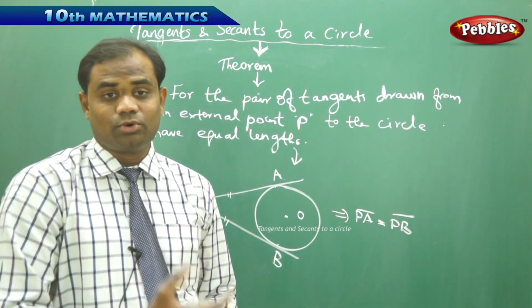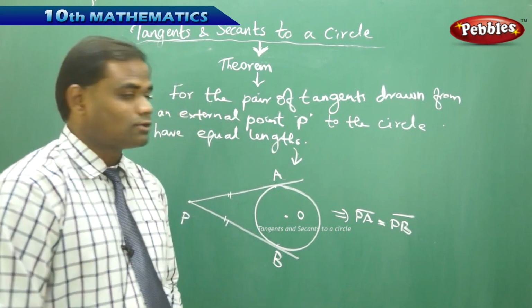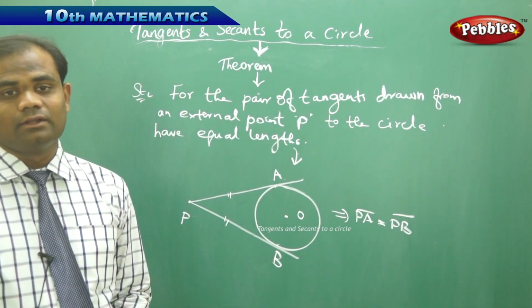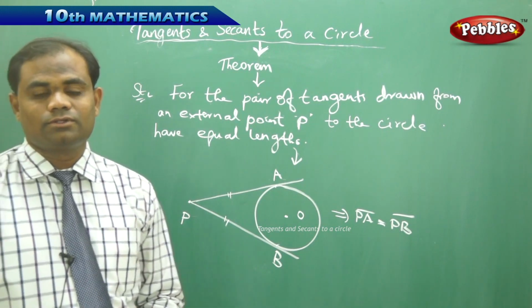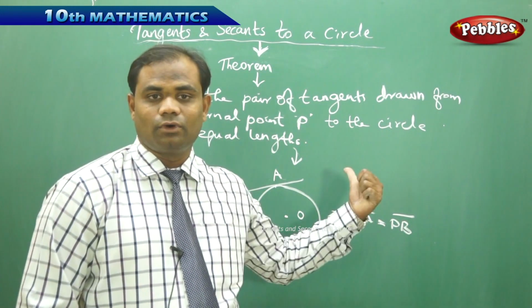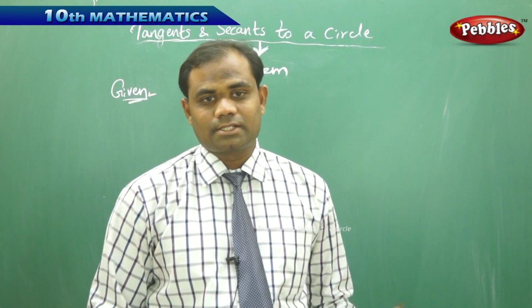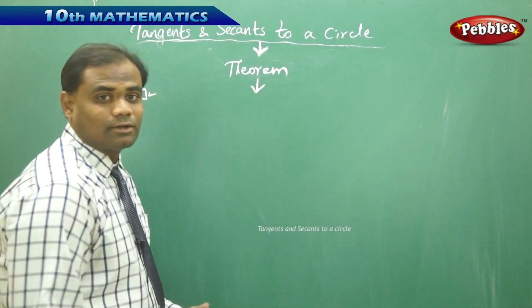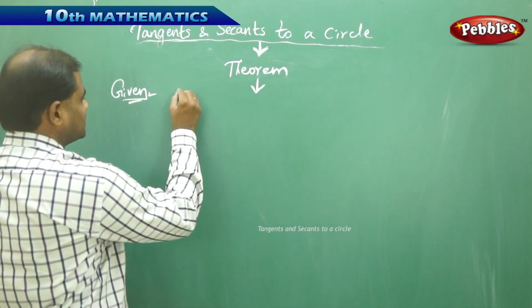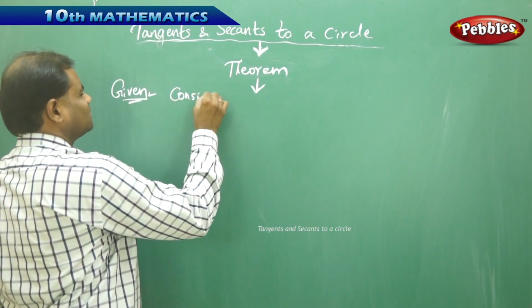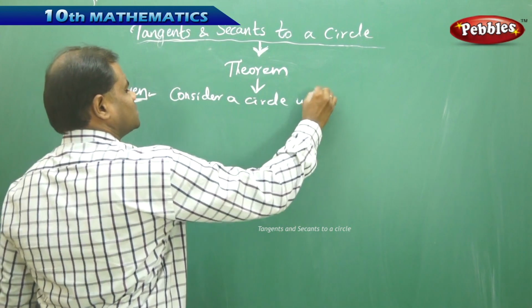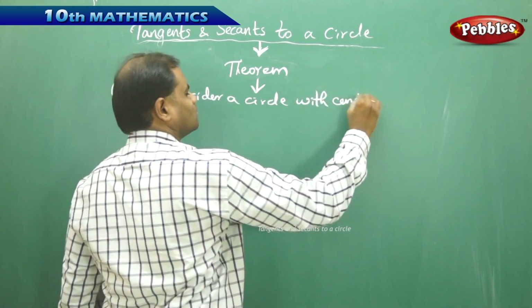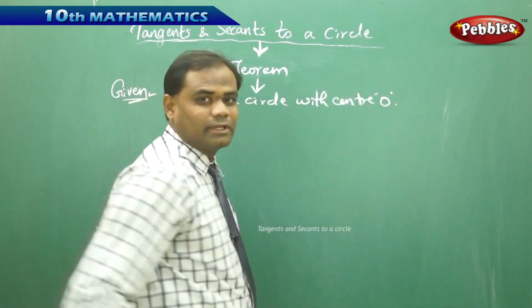So let's see the proof of the statement through the given, required to prove, construction and the proof. So let's continue with the given part of the theorem. In this case, I consider a circle with center O is what we consider initially.